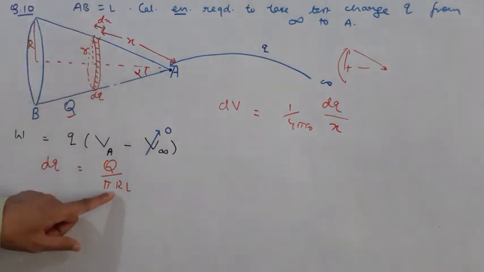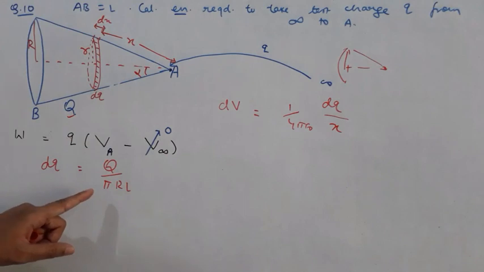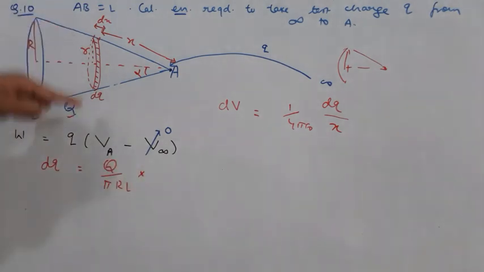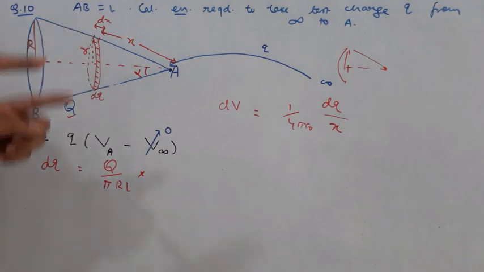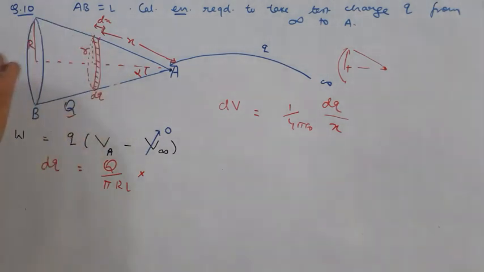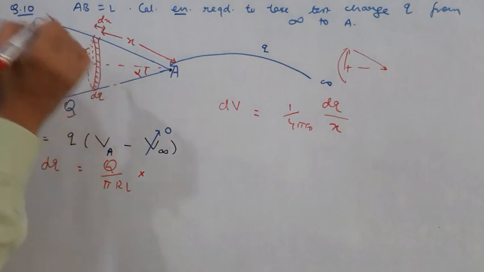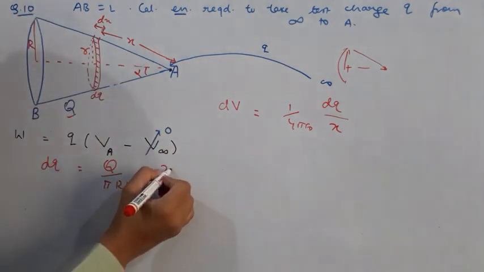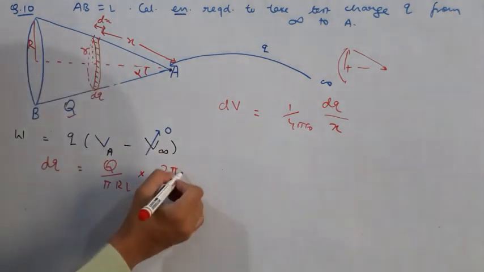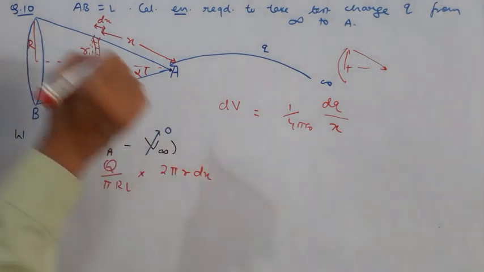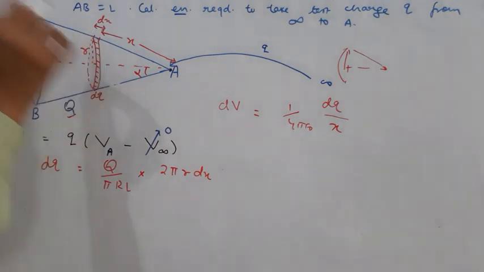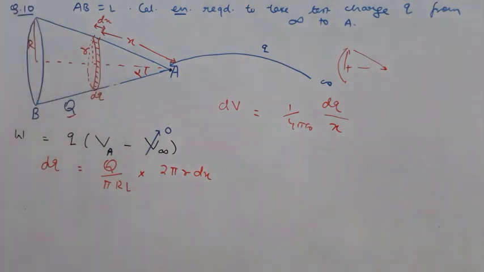So Q upon pi r l is the charge per unit area. This I have to multiply with the area of this ring. Now this ring has a thickness dx and its radius is r. You will find its surface area will be 2 pi r into dx, that is the perimeter 2 pi r of the circle times the thickness dx.